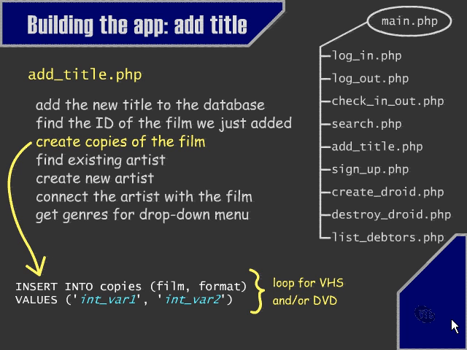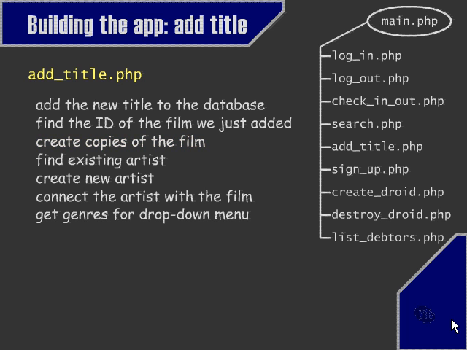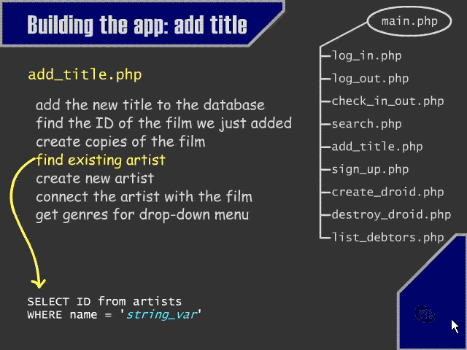Then we need to find the existing artist, if that artist exists, as we're going to add artists that are connected with the production of the film. This could be actors, directors, and so on. So the query is very simple. We're just running a search on the artist table to see if that particular name already is in the database.